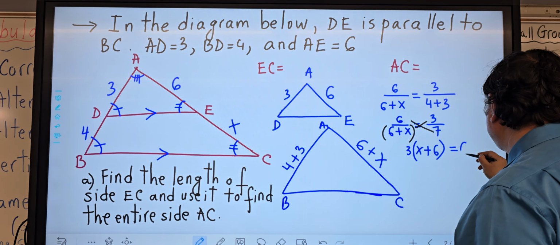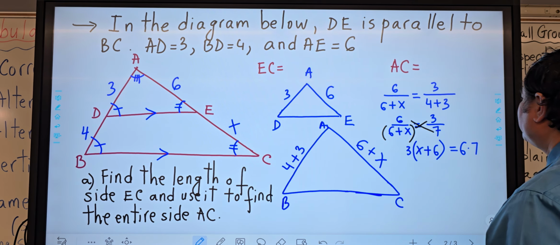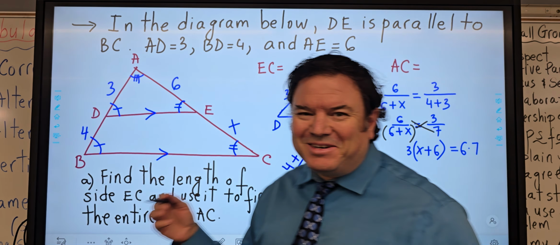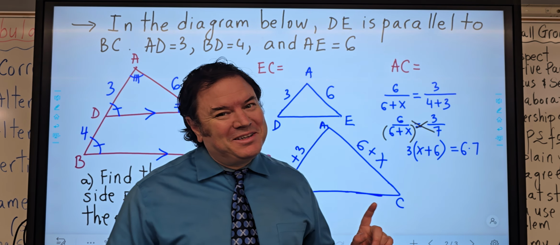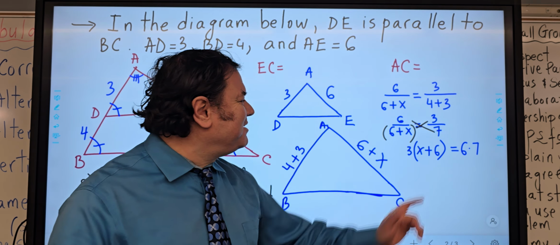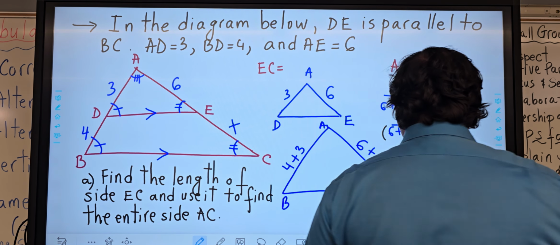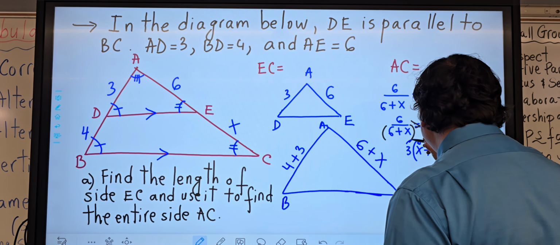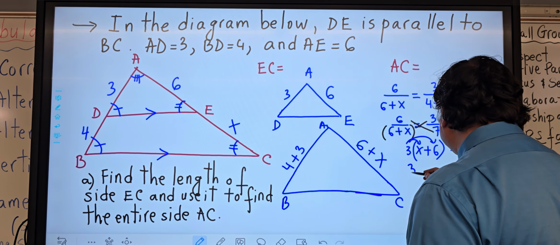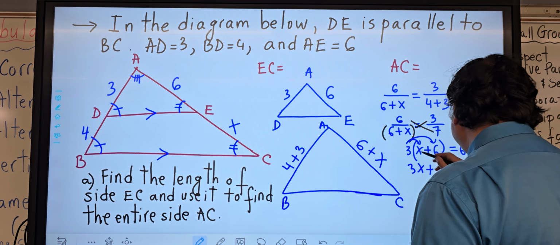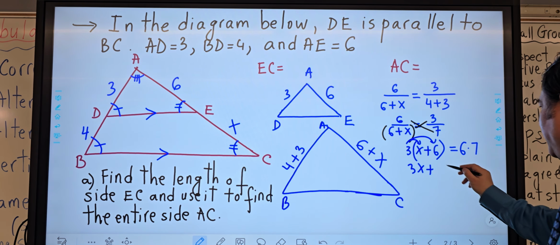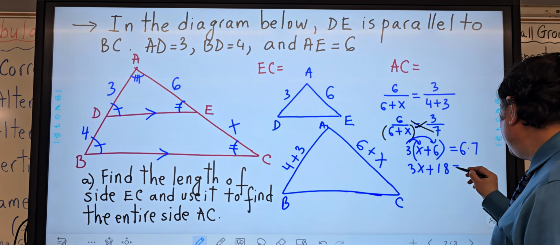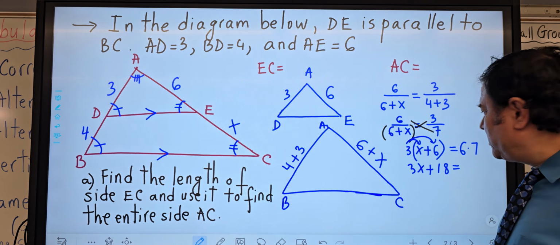6 times 7. Remember, 6 times 7, not 6, 7. Here we can use the distributive property. So we have 3x plus 3 times 6 is 18 equals 6 times 7 is 42.